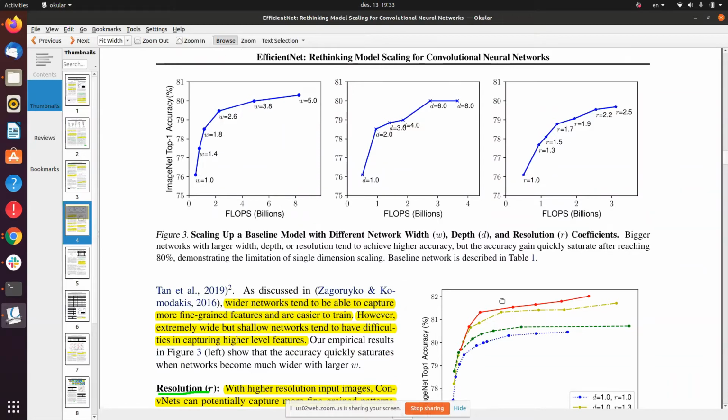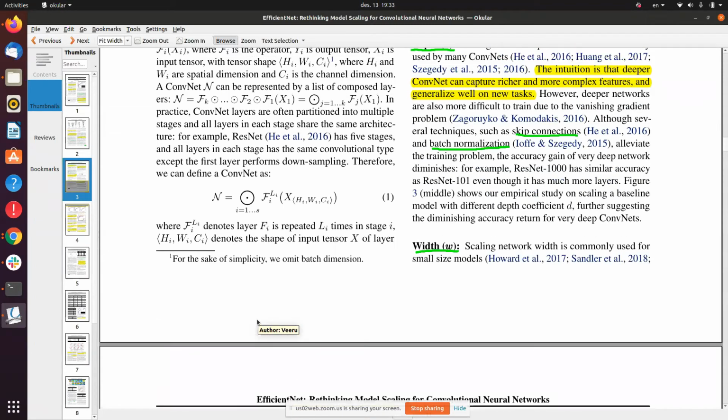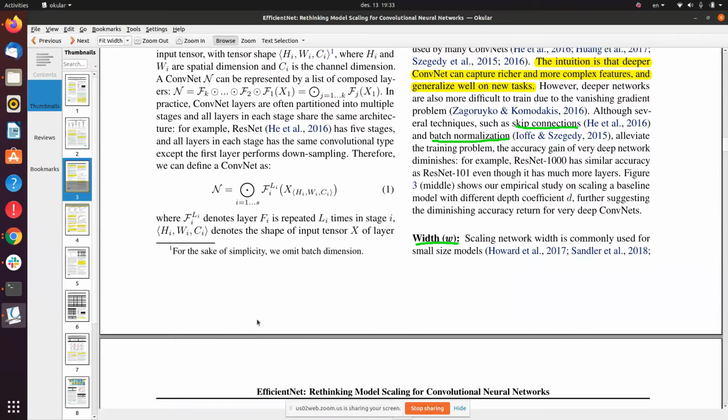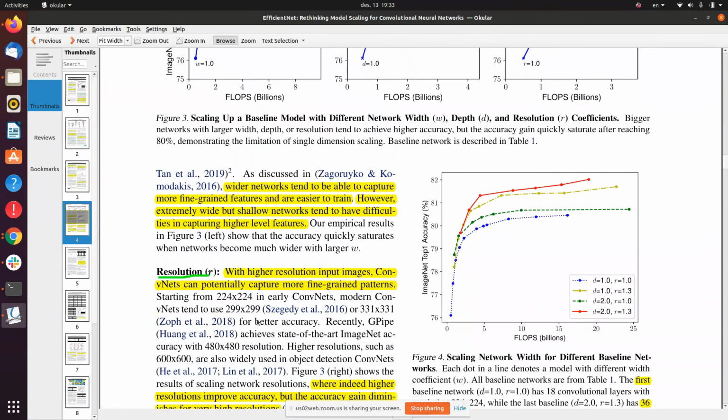The only thing they mention here is that wider networks tend to be able to capture more fine-grained features and are easier to train. So the deeper network learns more complex features and generalizes well, and the wider network learns the fine-grained features and is easy to train. Again, they might have derived this intuition from the old literature only.